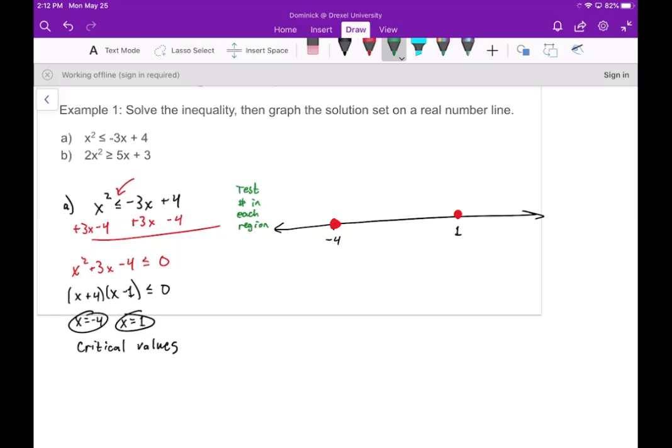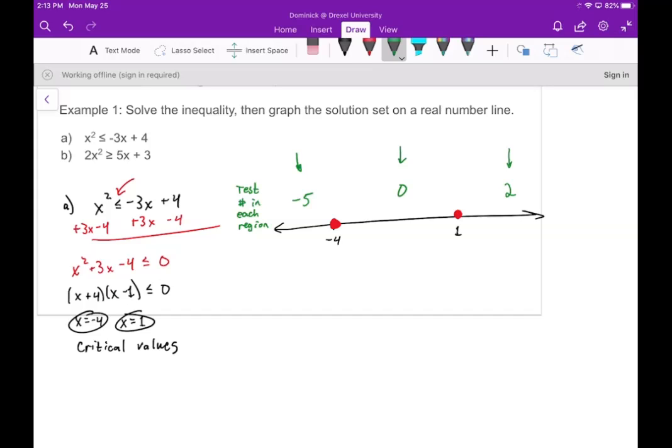In this region of the number line, I'm less than negative 4, so for example, we could test negative 5. In the region in between negative 4 and 1, let's test 0. And in this region, I'm bigger than 1, so let's test 2.